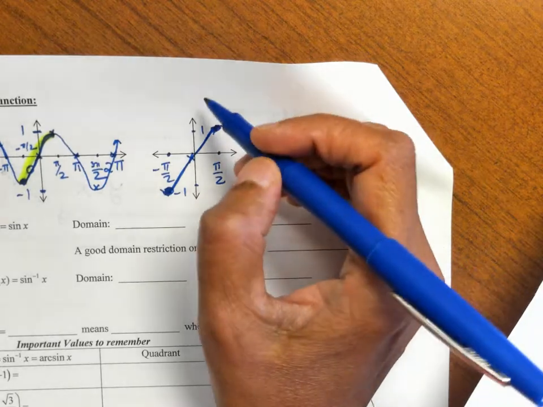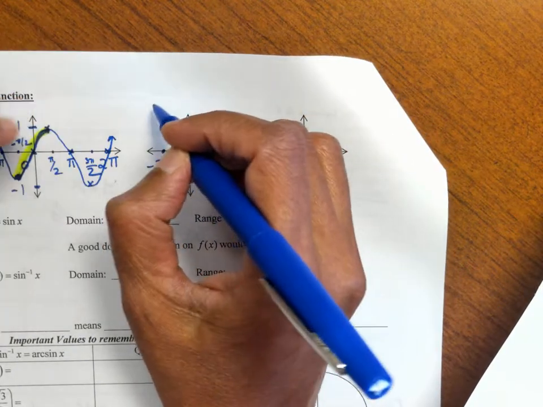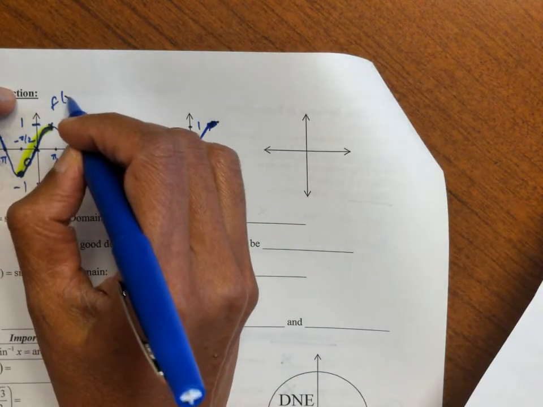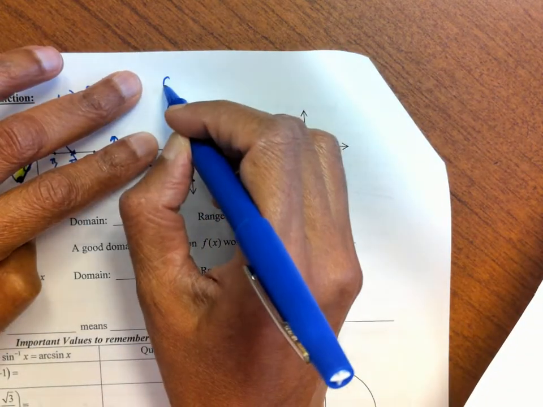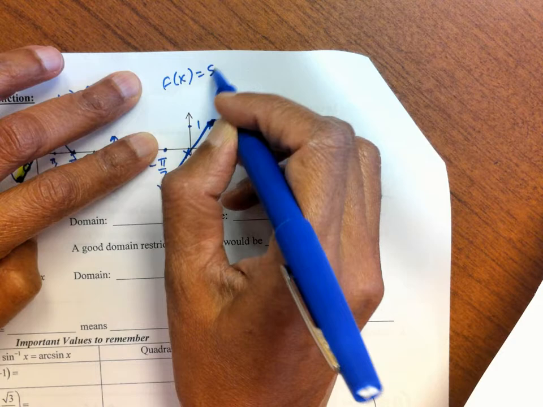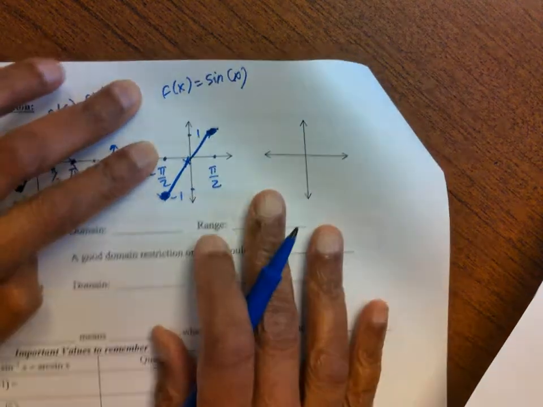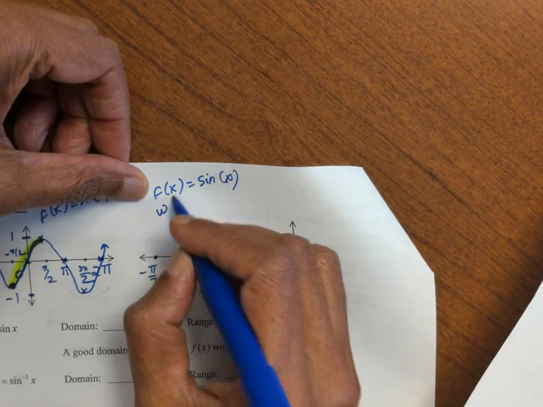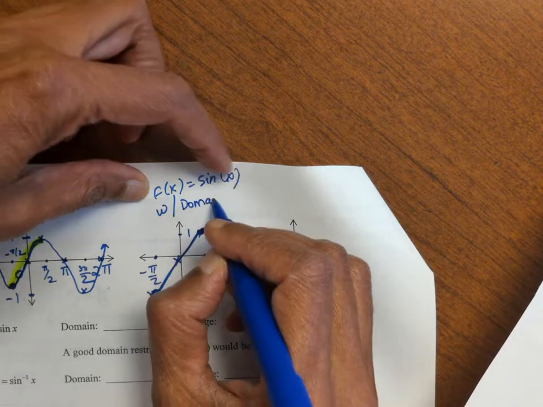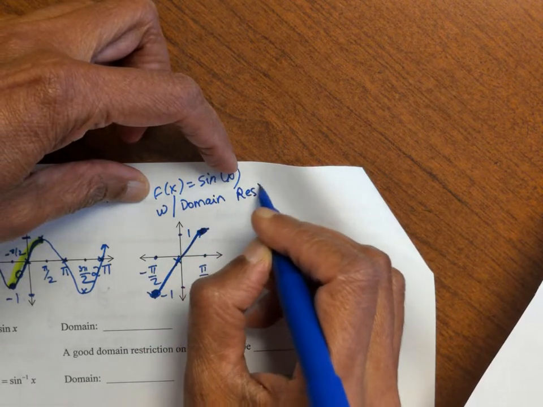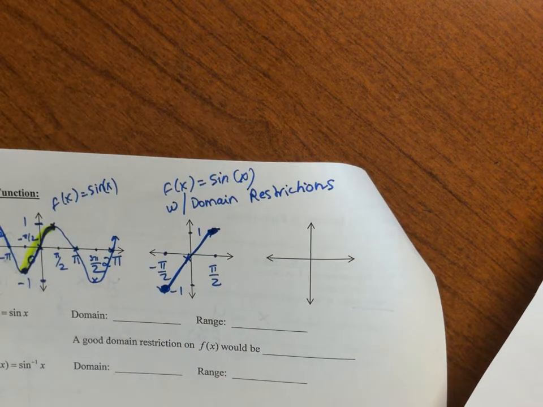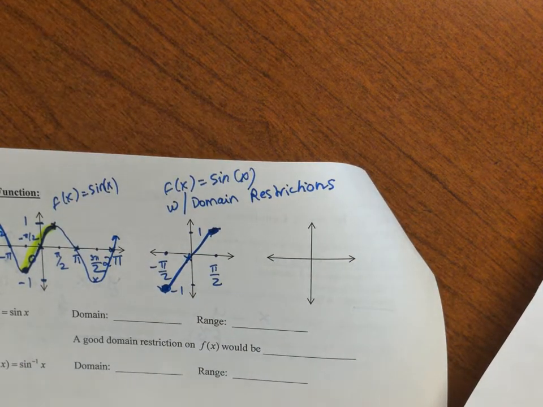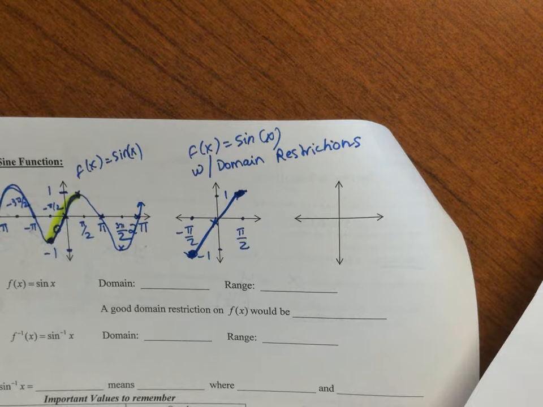So this is f of x equals sine x. This is also f of x equals sine x with domain restriction. I'm not going to go to the third graph. The third graph makes you do the inverse and stuff like that. As long as you understand these two, it's good enough for now.